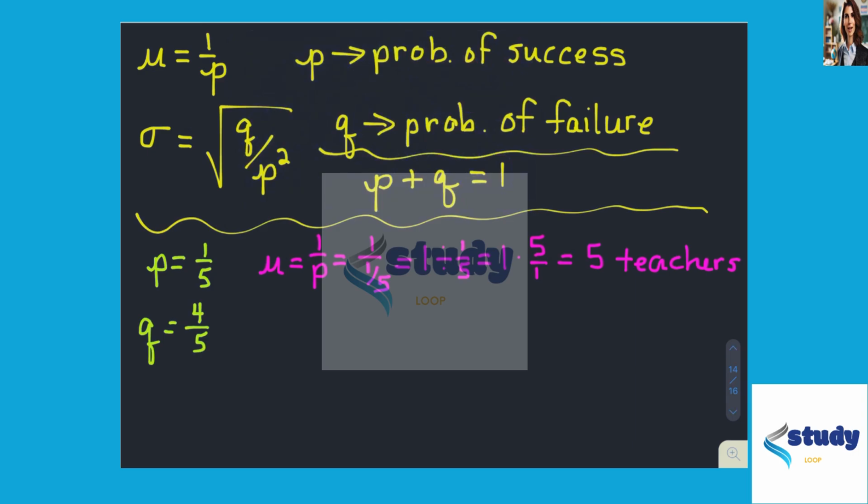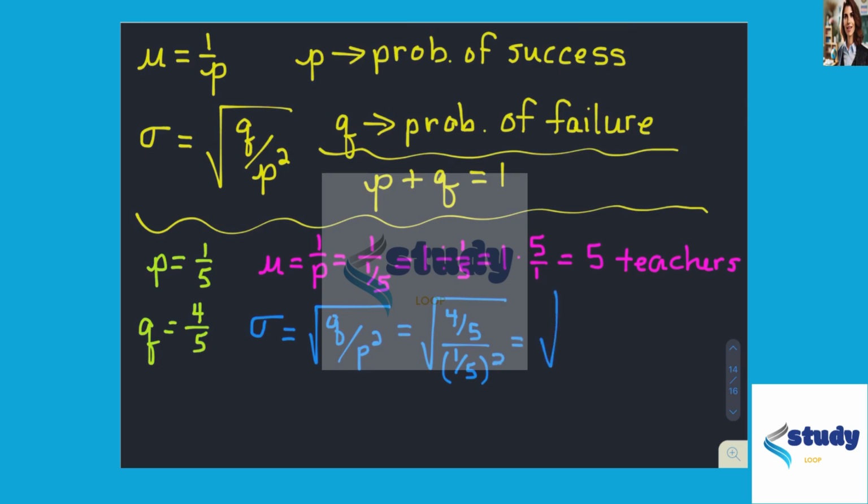Now let's calculate the standard deviation. Sigma equals the square root of q divided by p squared. The q in this instance is 4/5, and p is 1/5, and we must square that.